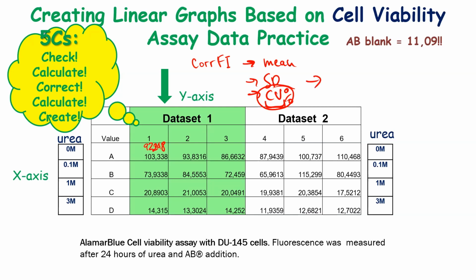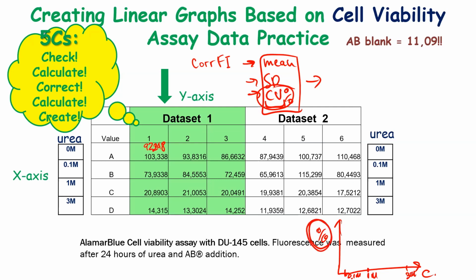After you've done this part, you start building your graph. For your graph, you have percent metabolism of your Alamar blue against the concentration. In your concentration, you have 0.1 molar urea, 1 molar, and 3 molar.